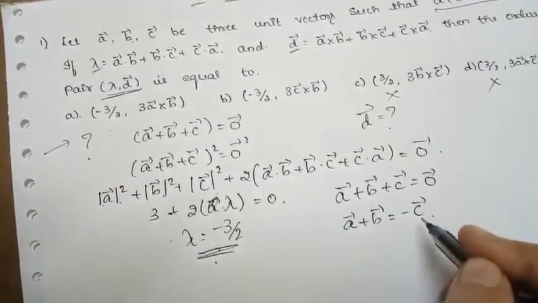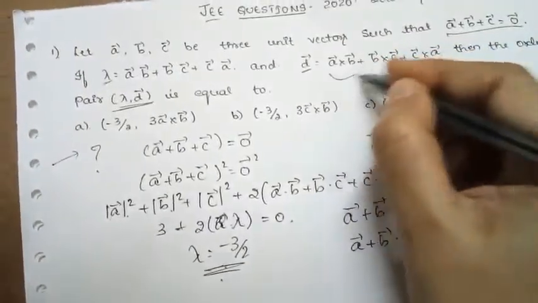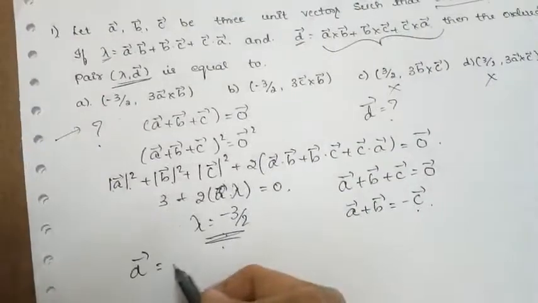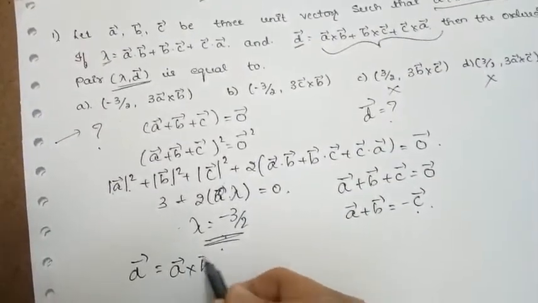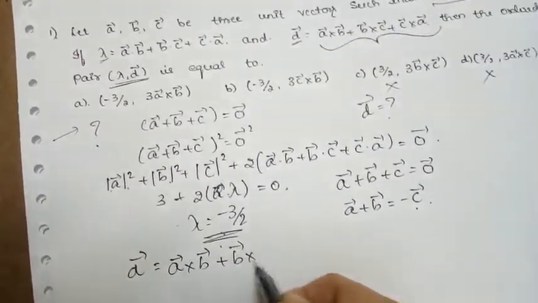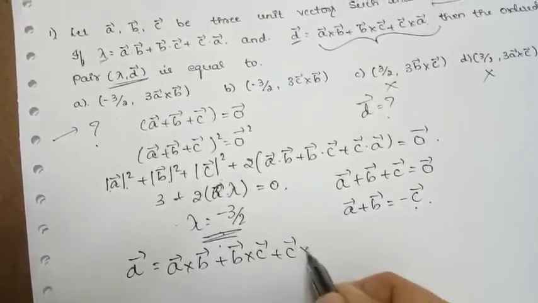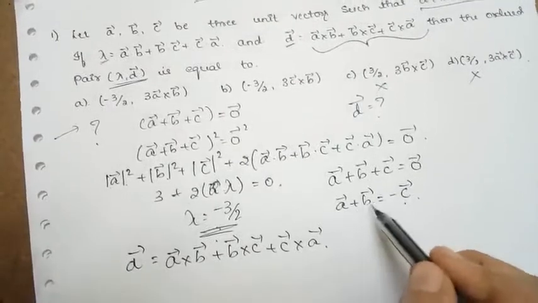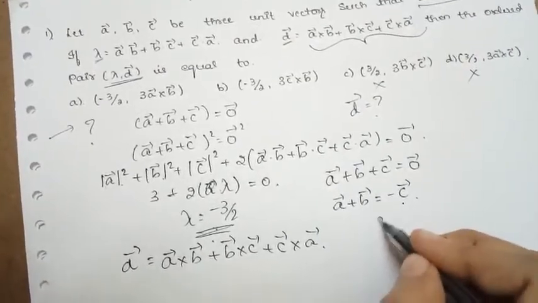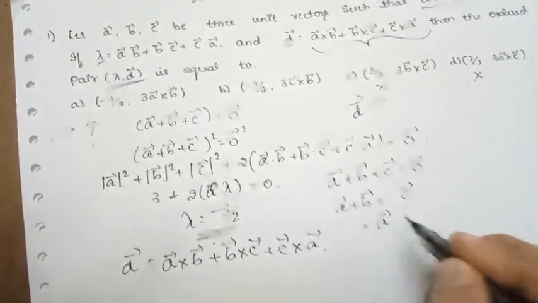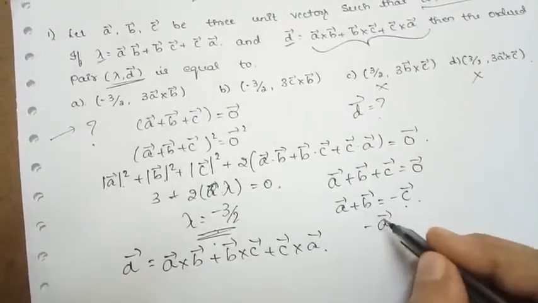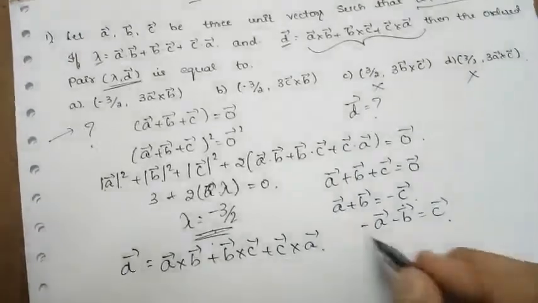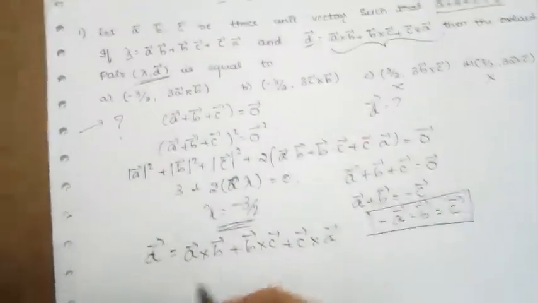I am substituting this in the given expression, that is vector D is equal to vector A cross vector B plus vector B cross vector C plus vector C cross vector A. So I am using this. Vector A plus vector B is equal to minus vector C, which means if I bring the minus to the LHS, minus vector A minus vector B is equal to vector C. So substitute this in this equation.